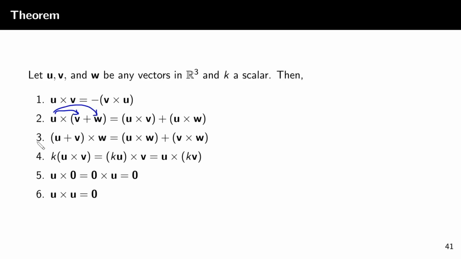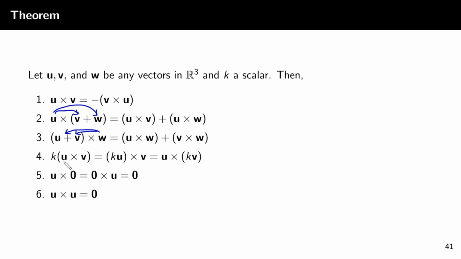The difference between number 2 and number 3 is that we have a sum, but our vector is on the right. Our sum is on the left. But, same principle. It's still distributive. So, quantity u plus v cross w is equal to u cross w plus v cross w.